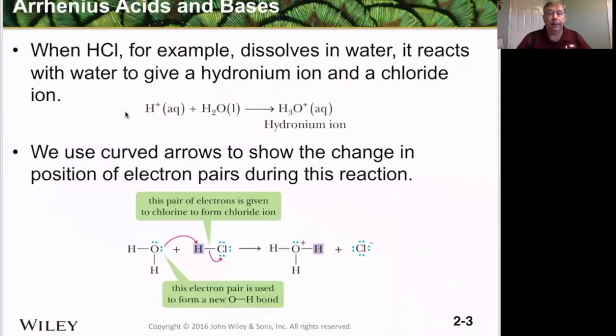In this case, the HCl breaks apart. The hydrogen is donated from the HCl to the water molecule, giving us the H3O plus, or hydronium ion. And then the chloride ion is the counterbalancing anion in the solution here. So in this case, HCl is an acid because it generates hydronium ion.